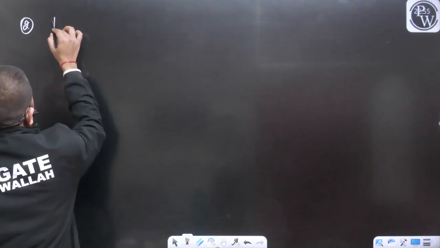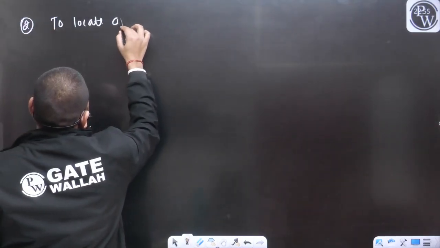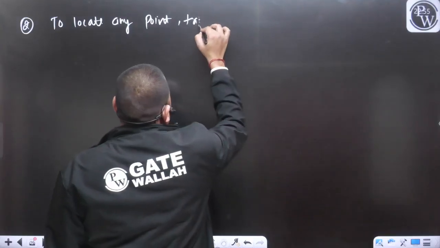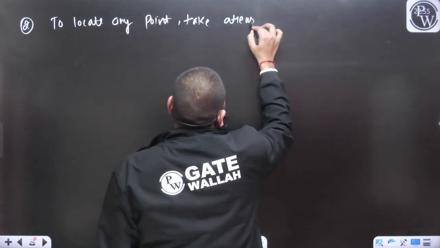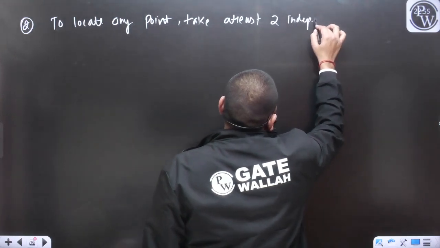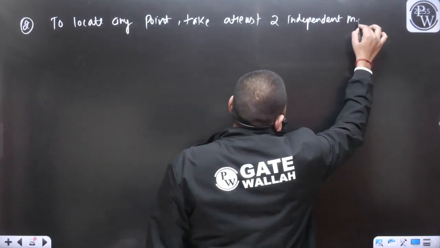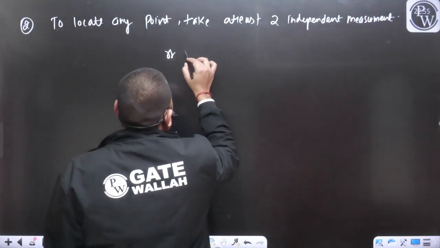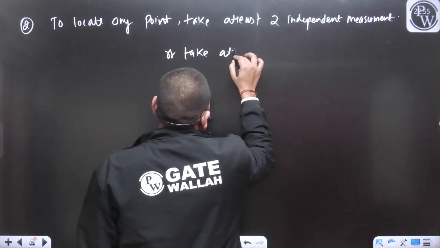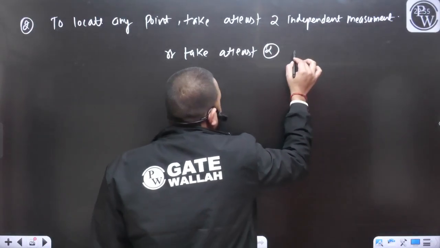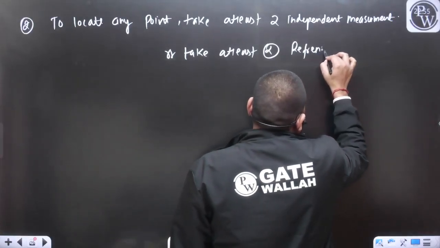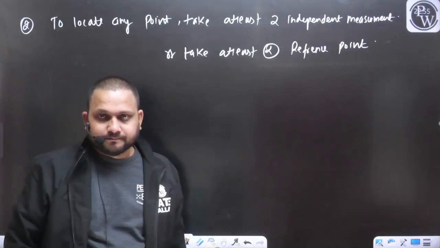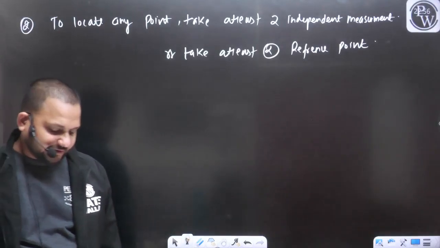The second principle of surveying says, to locate any point, take at least two independent measurements, or take at least two reference points. What does it mean? Just wait for a minute.